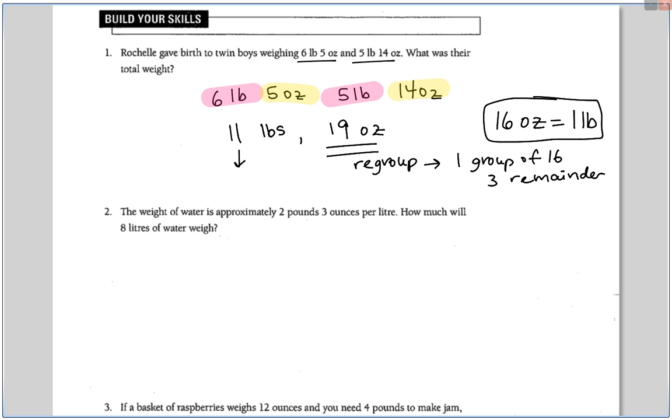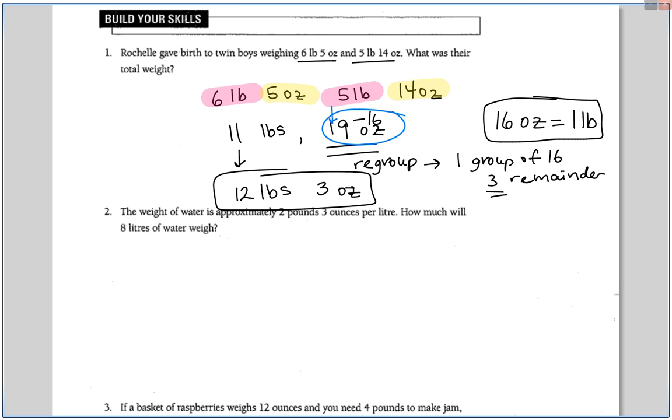So we can change 11 pounds to 12 pounds, subtract off the 16, and you're left with 3 ounces, which of course would be the remainder. So we'd say 12 pounds, 3 ounces. It doesn't make sense to say 19 ounces because there's a pound in there. So 19 ounces is a pound, 3 ounces, so you have to add that on.